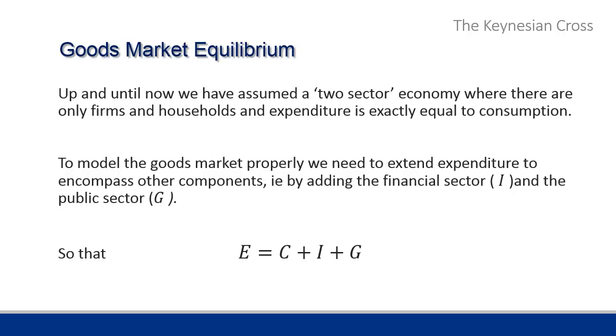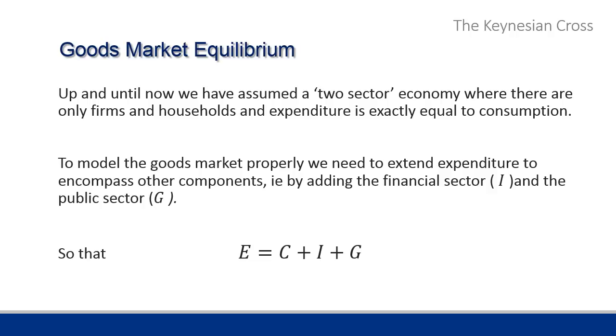Up until now, we have assumed a two-sector economy with just households and firms. Expenditure is exactly equal to consumption only, so E is equal to C. But now we can do a better job of modeling the goods market by relaxing that assumption.